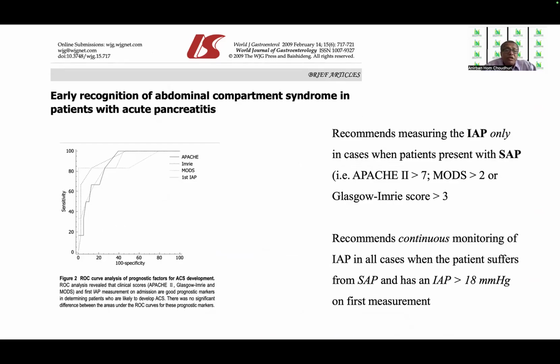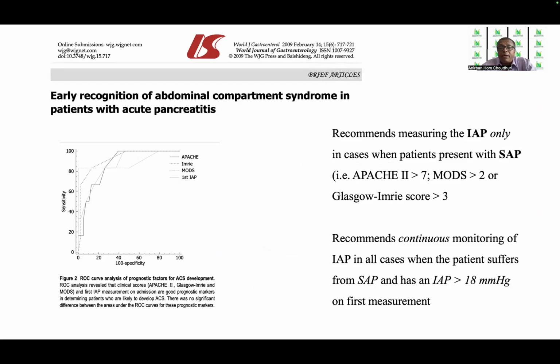Now, early recognition of abdominal compartment syndrome in patients with acute pancreatitis is extremely useful, as has been found by the World Gastroenterology Federation. They recommend measuring intra-abdominal pressure in patients who present with severe acute pancreatitis with an APACHE II score of more than 7, MODS of greater than 2, or Glasgow-Imrie score of more than 3.